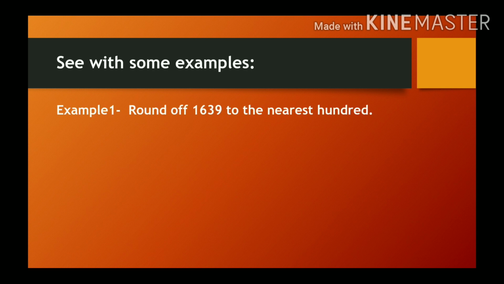Example 1. Round off 1639 to the nearest 100. Solution. Here we can see the tens digit is 3. And we know that for the nearest 100 we have to see the tens digit first. And we know that 3 is less than 5.